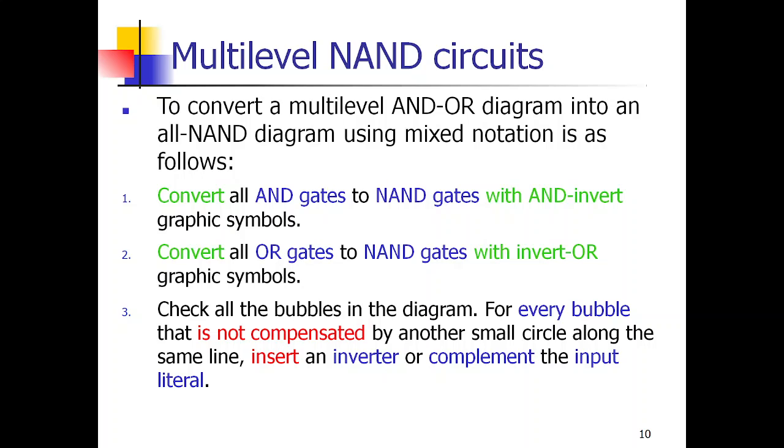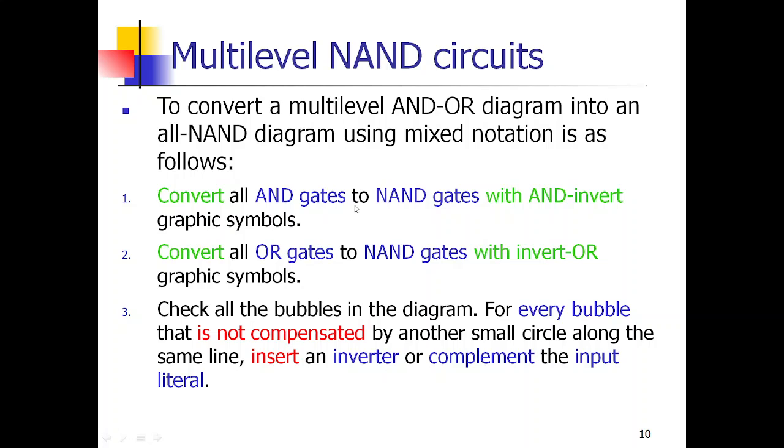So next we have the steps. With the help of these steps, we can convert a multi-level AND OR diagram to a NAND circuit. To convert a multi-level AND OR diagram into an all NAND diagram using mixed notation, it is as follows. First step, convert all AND gates to NAND gates with the AND invert graphic symbol.